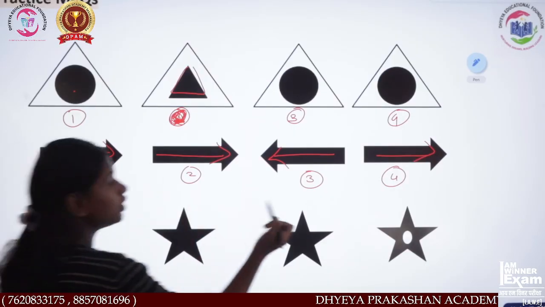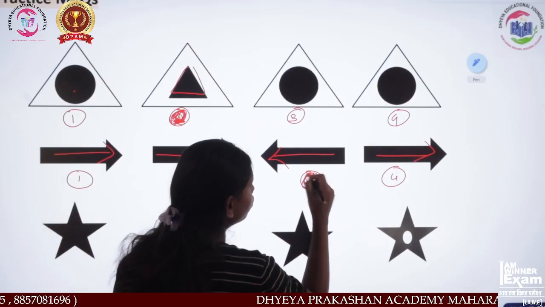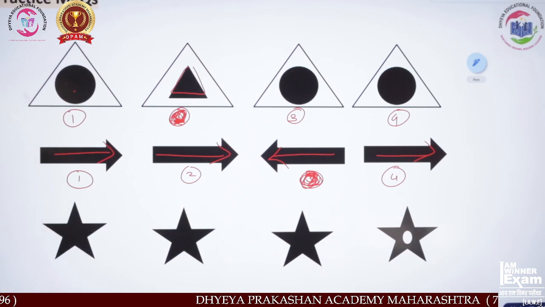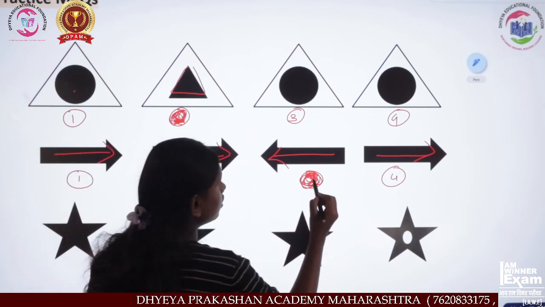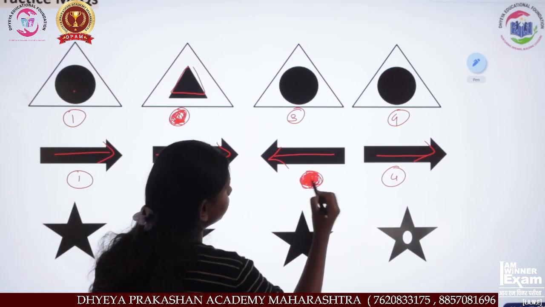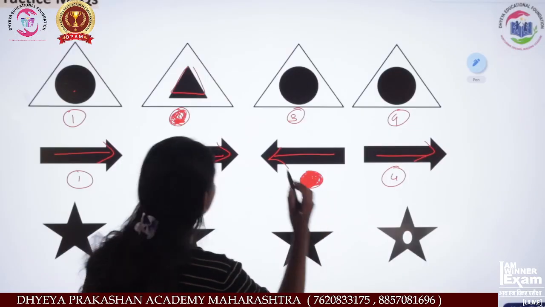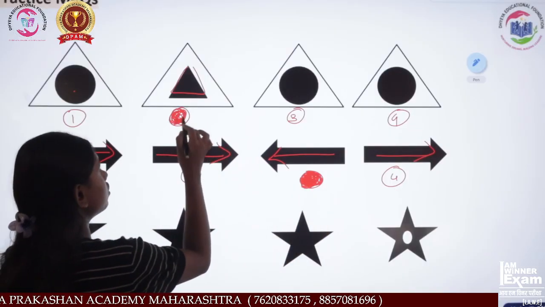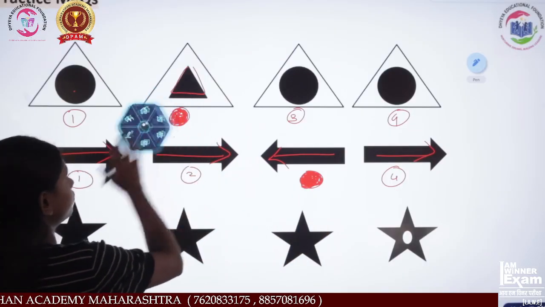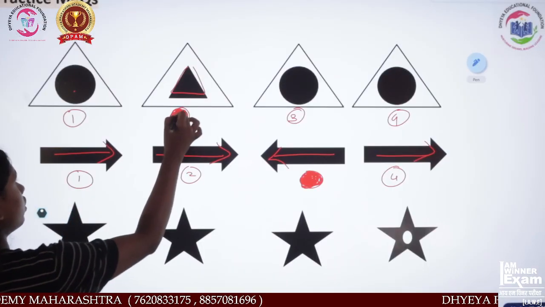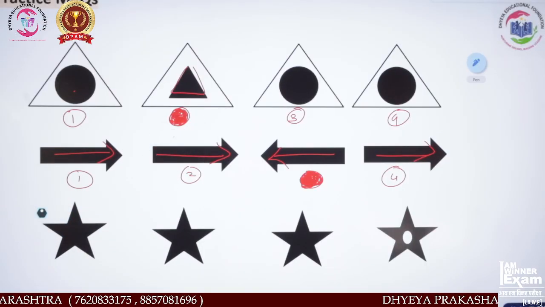So the third one is different from all, so you have to circle the third one. You have to circle the option completely, like this.